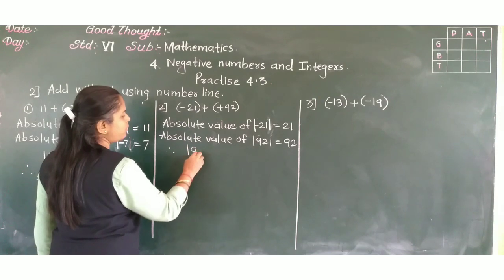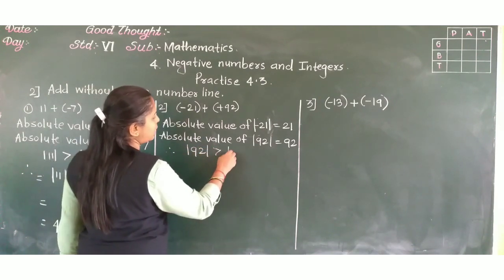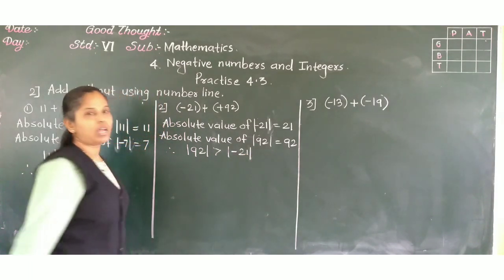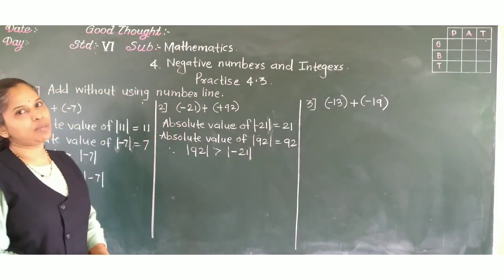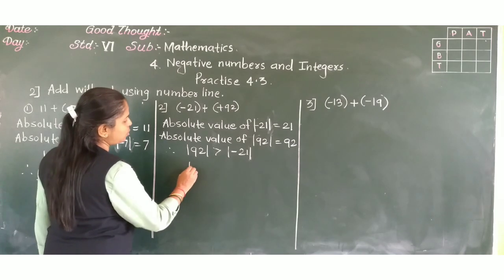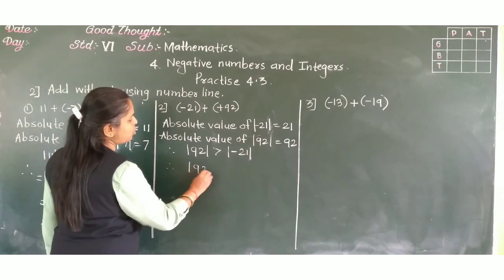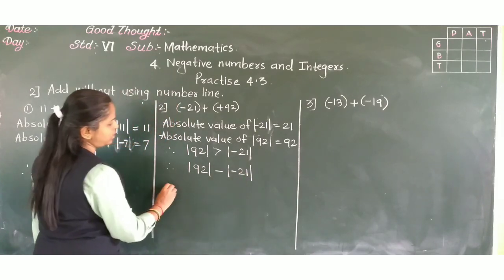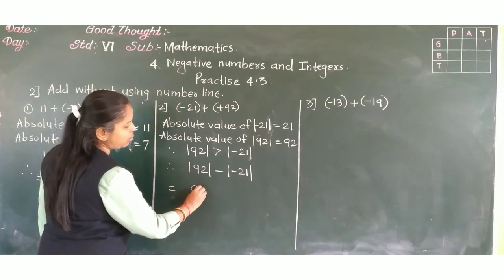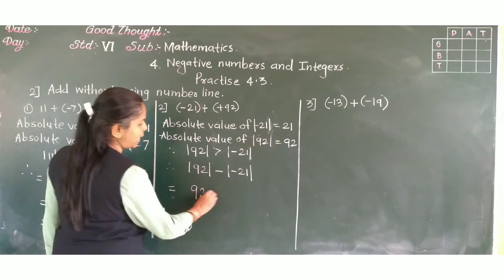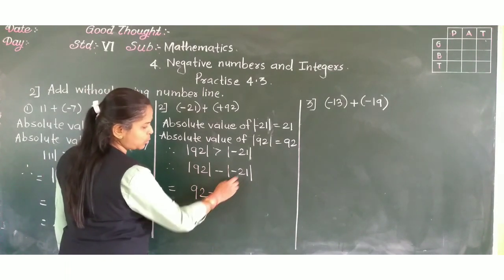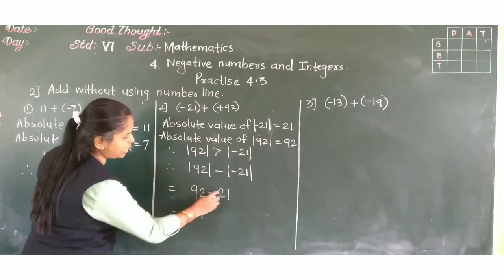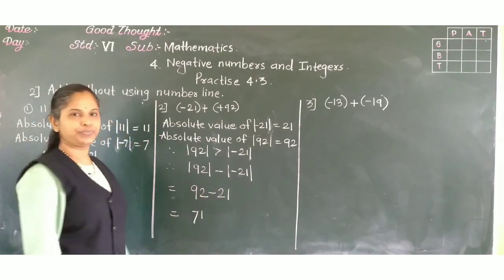Therefore, absolute value of 92 is greater than absolute value of minus 21. After comparing, what are we doing? We are subtracting the absolute values. So, absolute value of 92 minus absolute value of minus 21 is equal to 92 minus 21. That is 2 minus 1, 1, 9 minus 2, 7.